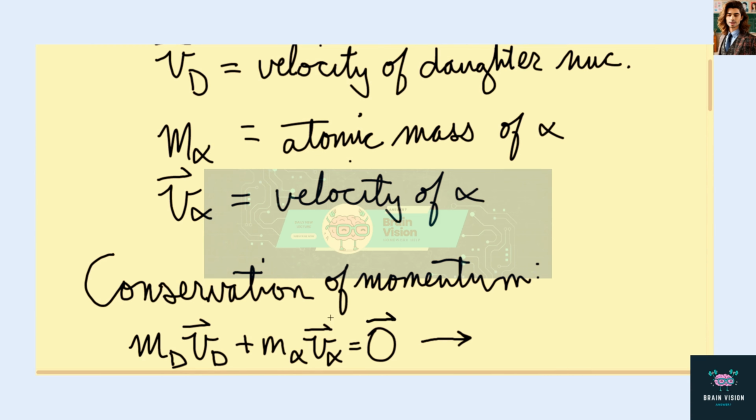Using this conservation property and noting that the velocities are in opposite directions, we can express this conservation of momentum as follows. M sub D times the scalar velocity, which is speed, of the daughter nucleus is equal to m sub alpha times the speed of the alpha particle.